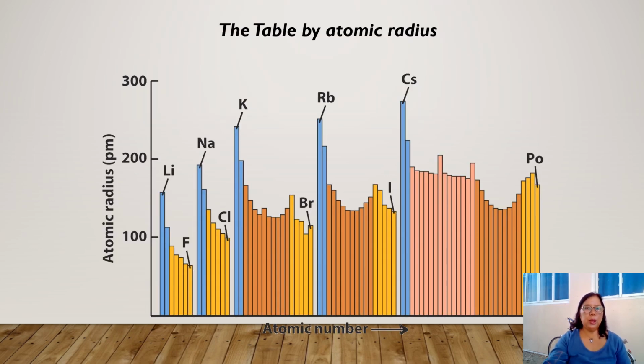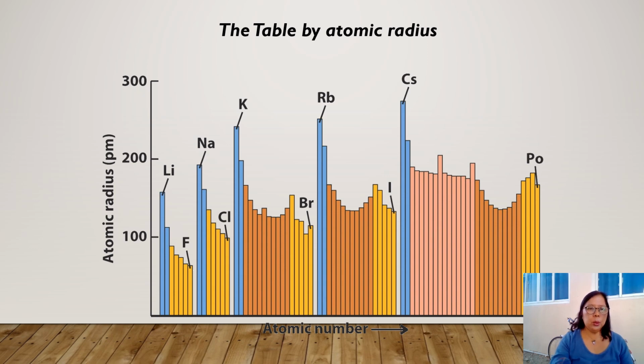These are graphical illustrations of how each group possesses its atomic size or atomic radius. If you look at your periodic table, lithium, sodium, potassium, rubidium, and cesium all belong to group 1, and they have the biggest atomic radius.